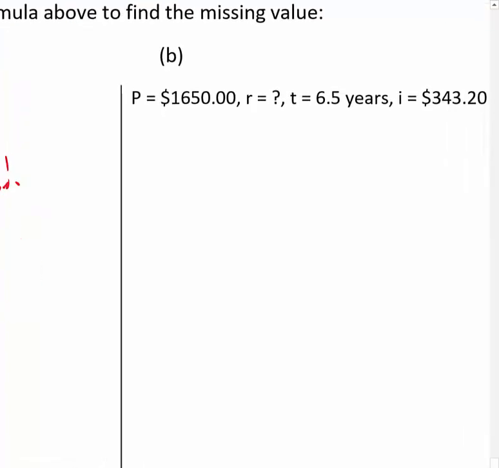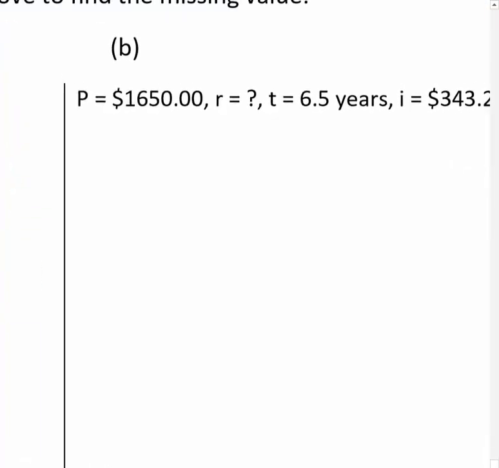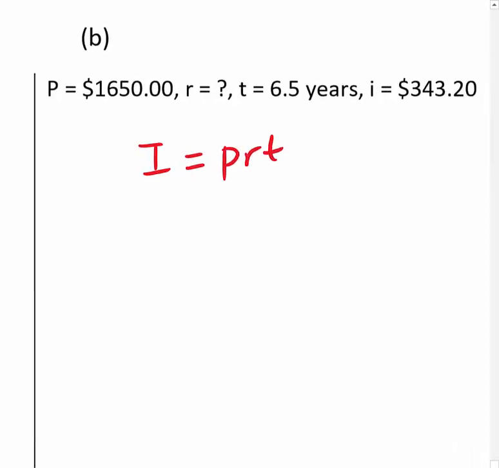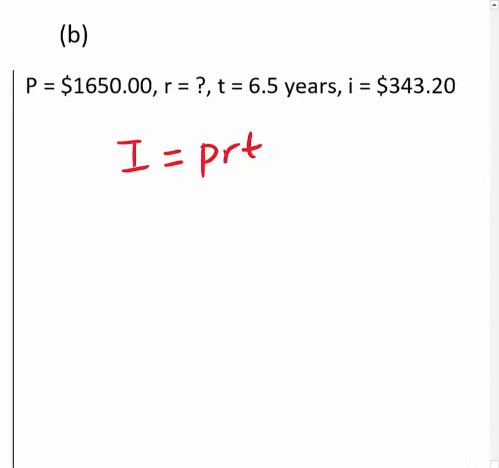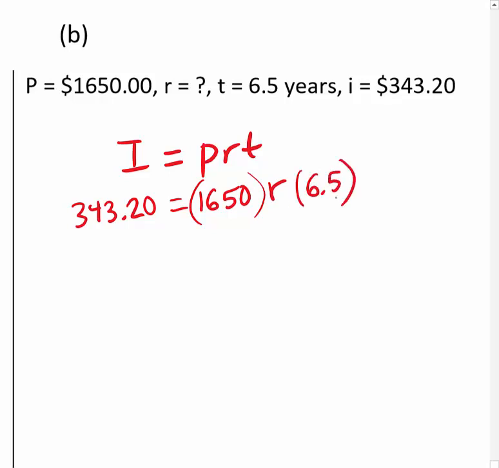Okay, now let's try the next one. Same thing, we're just going to set up the formula, I equals PRT, and fill in what we know. I we do know, they said that's 343.20. The principal is, yeah, we know that, 1650. I don't really need to put the decimal in the zeros. R we don't know, but time we do know, 6.5 years.